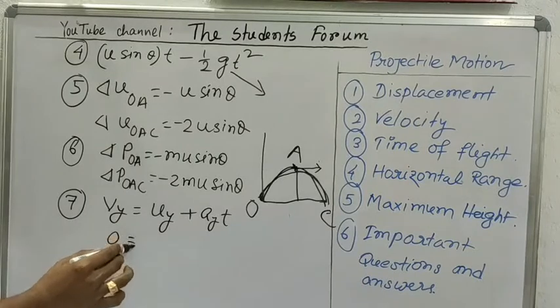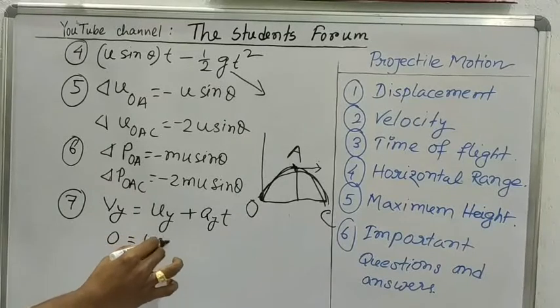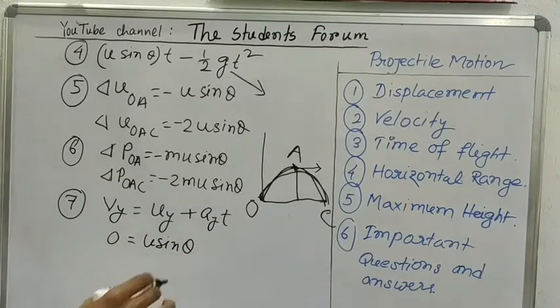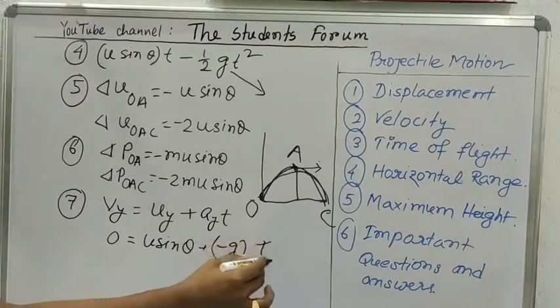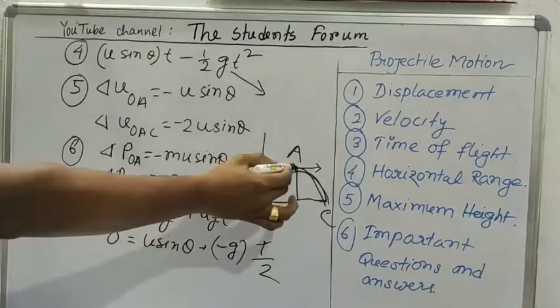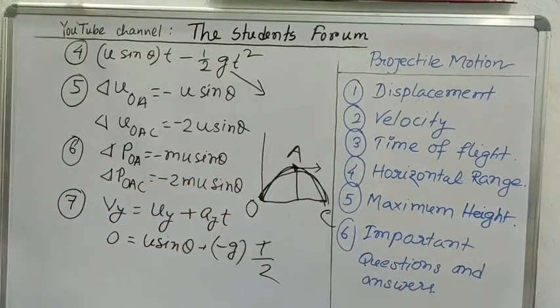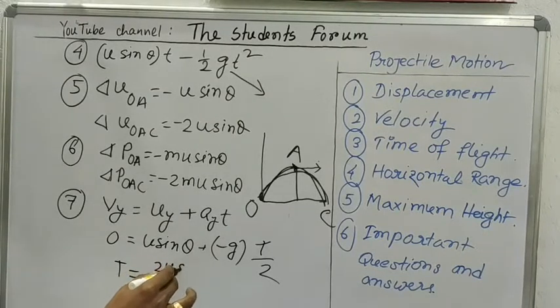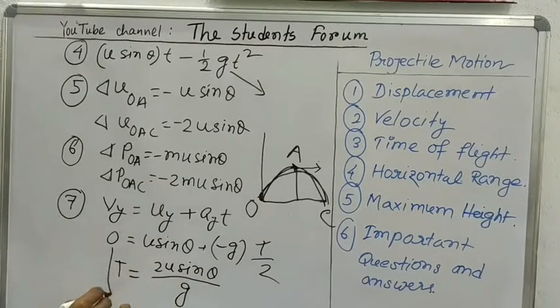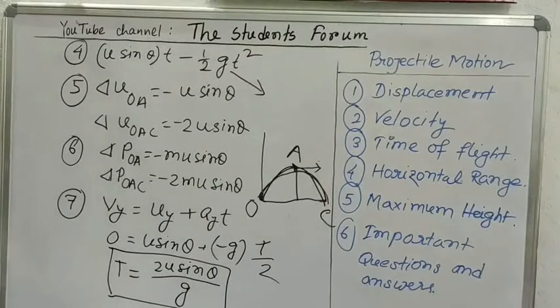So 0 equals u sin theta minus g times t by 2, because at the point A the time is t by 2. Therefore from here we can write t equals 2u sin theta divided by g. This is one of the most important relations you have to remember for competitive exams.